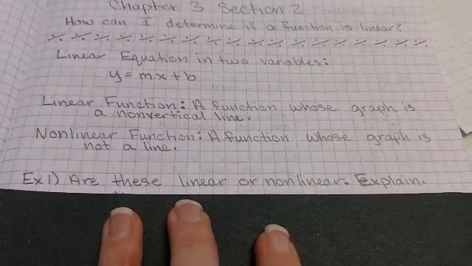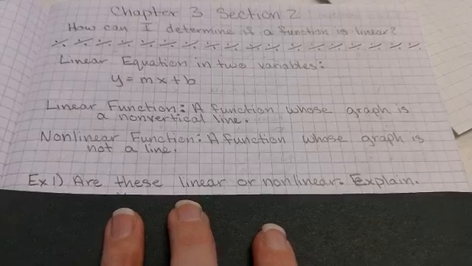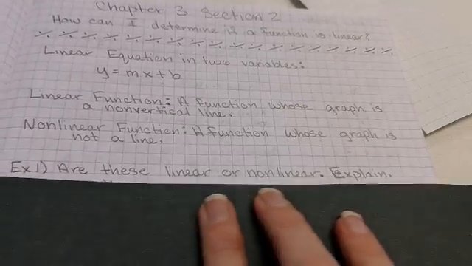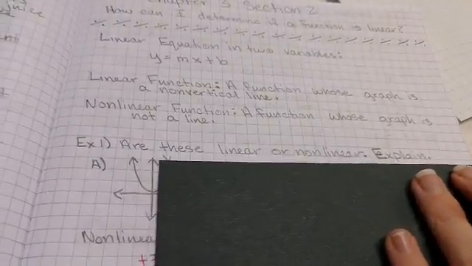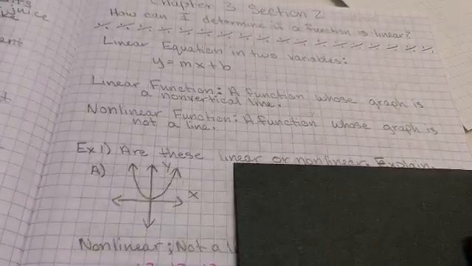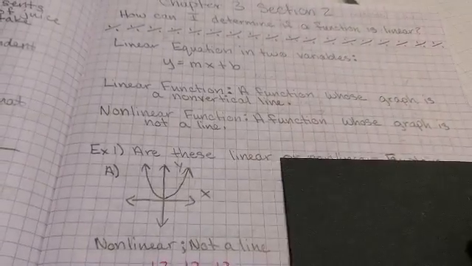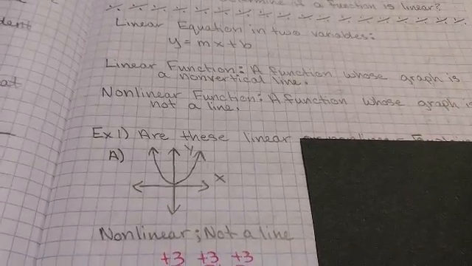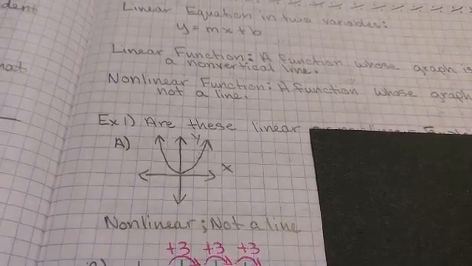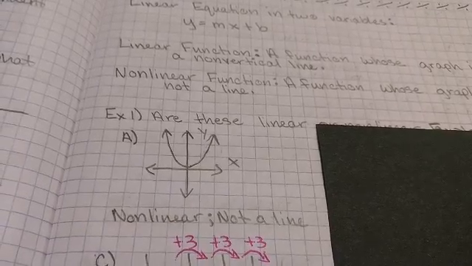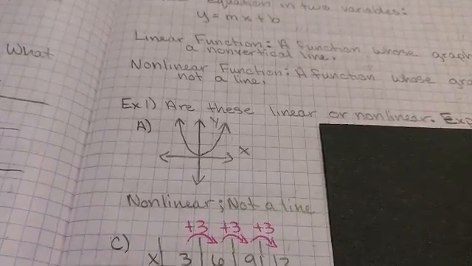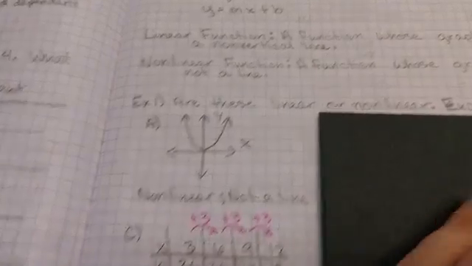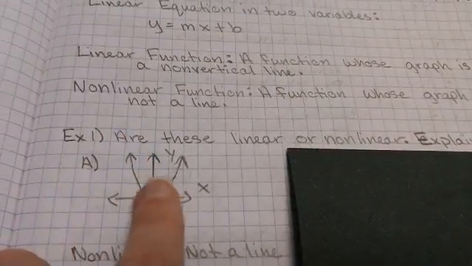Okay, so example 1. Are these linear or non-linear? Explain. So I'm going to give you a graph here. So this one is what you call a parabola. So go ahead and label this as 1A. And so it makes kind of this U shape here.